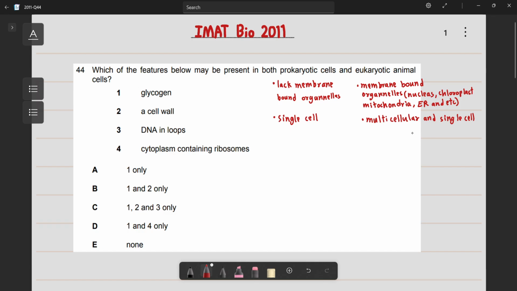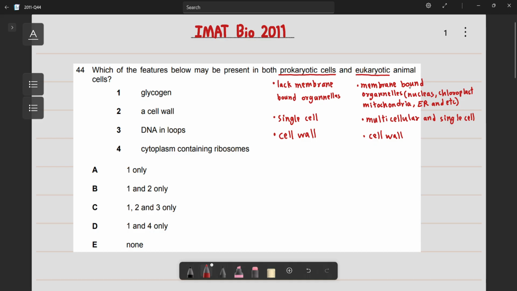And what else you must know? Most prokaryotes have a cell wall, and some eukaryotic organisms also have a cell wall, like fungi and plant cells. Again, I'm being very general about eukaryotic and prokaryotic cells.